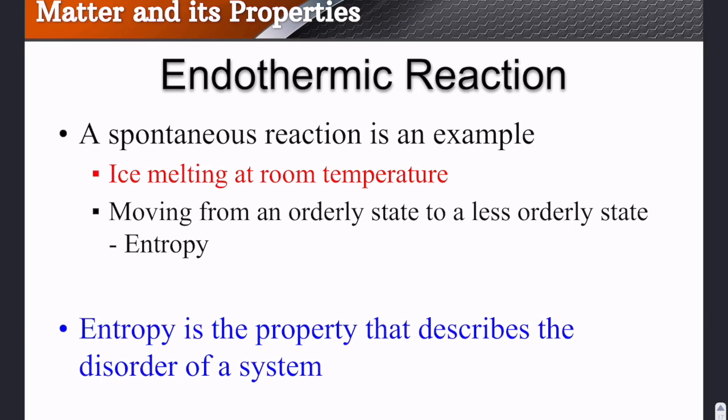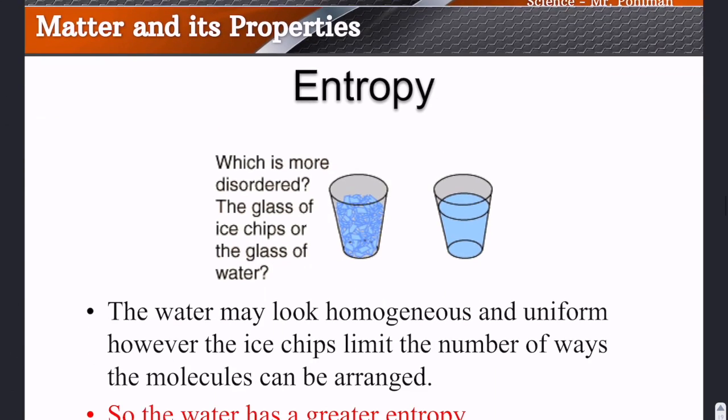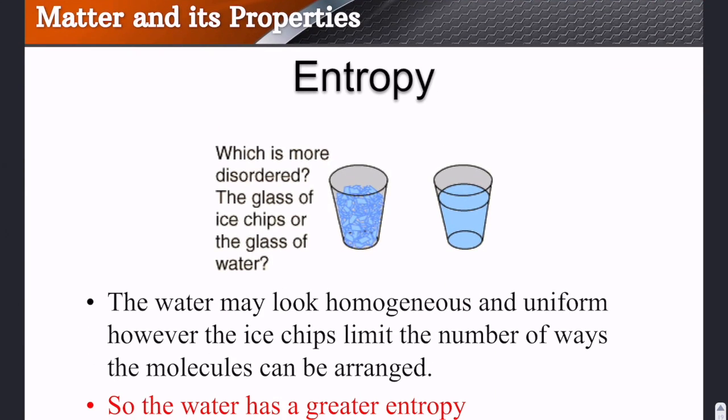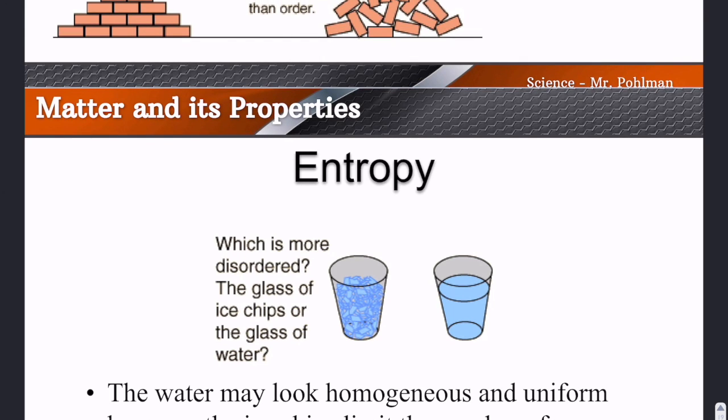So everything tends to go to a more disordered state. So here, if we're looking at our entropy, I'm going to jump right here to this. All right. So which one has a greater entropy? Which one has a greater amount of disorder? Is it the ice or is it the glass of water? In the ice, everything is in a crystalline format.